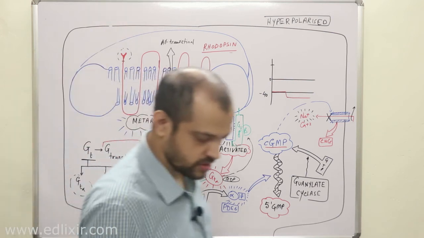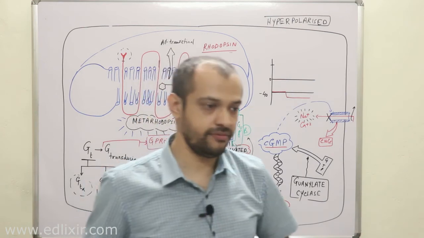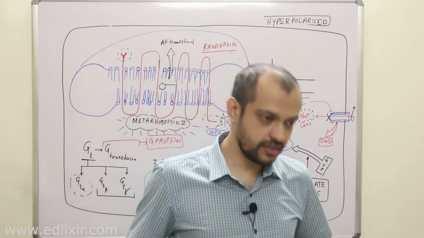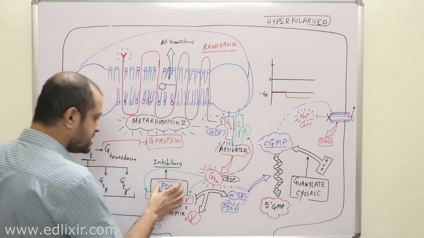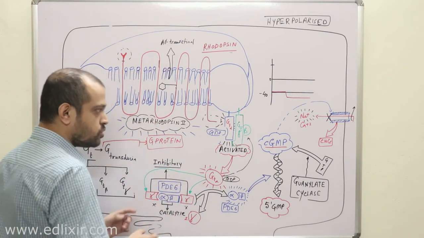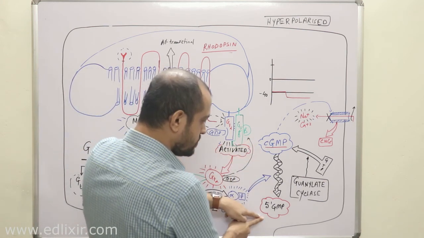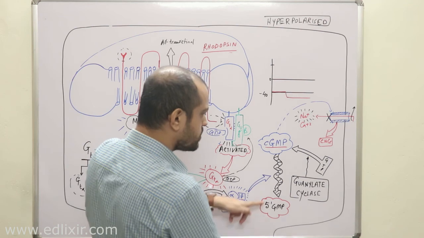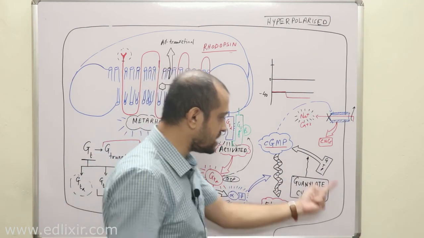Now a very interesting and important question you should have in your mind. Suppose there is PDE6 alpha beta catalytic subunit activation in the cell, so it is destroying cyclic GMP and converting it into 5' GMP, right? No problem. There is activated guanylyl cyclase.